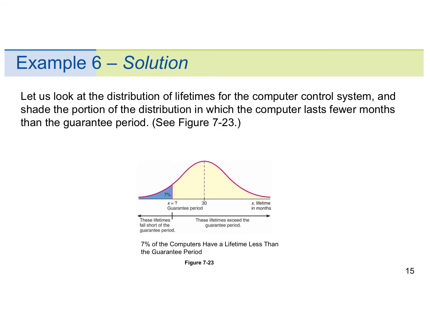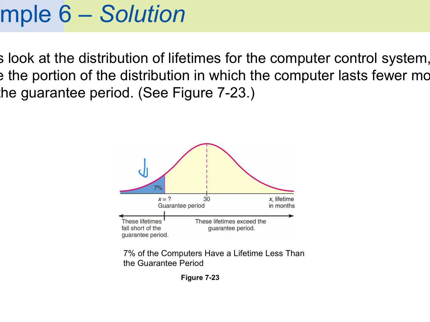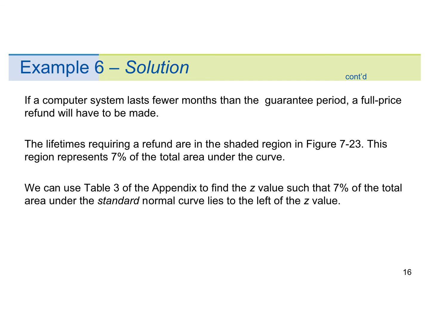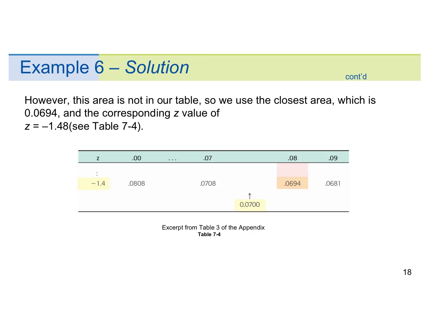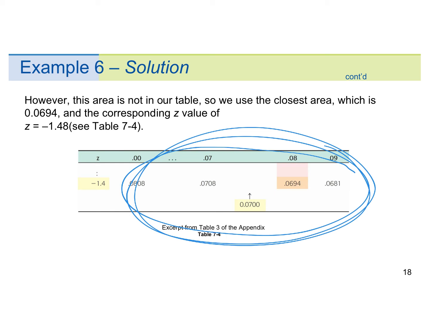So this is what I just explained to you. This is what we're looking for, and this is the value that we are looking for. So instead of looking up a z-score, you're going to look within the body of the chart. You're going to find the value that is the closest to 7%, which is 0.0700. Well, when you start looking, you get to a 0.0694 and a 0.0708.